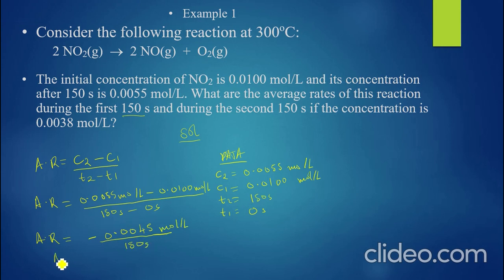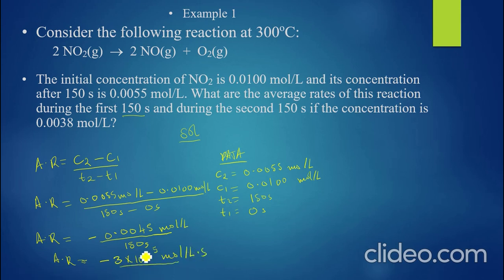So after dividing, we get negative 3 times 10 to the power negative 5 mole per liter per second. Now this is not the final answer.